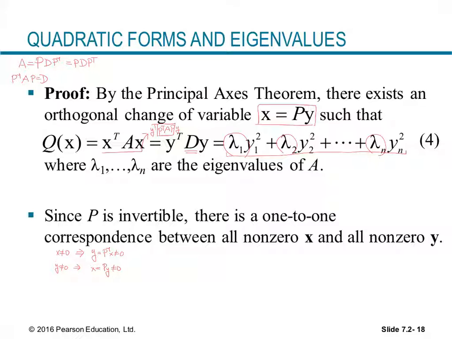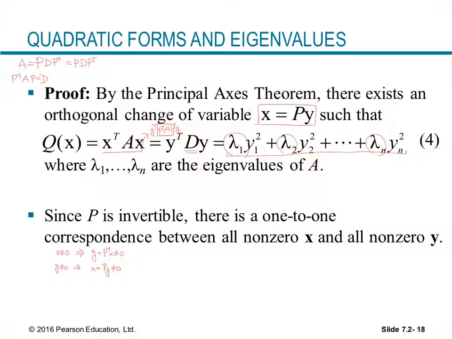Then Q is positive definite, which means Q is positive for all non-zero x vector. That is equivalent to saying that the expression on the right hand side of equation 4 will be positive for any non-zero y vector.